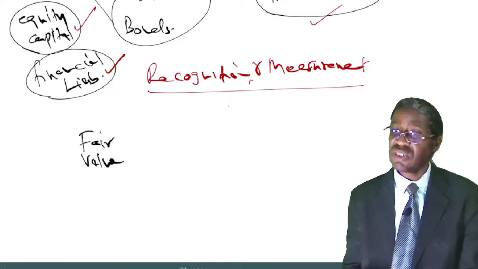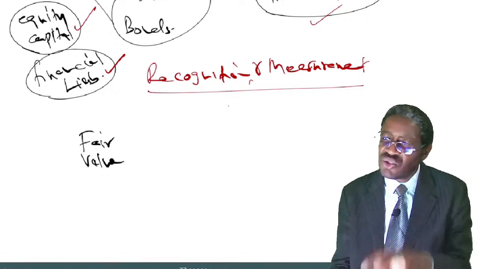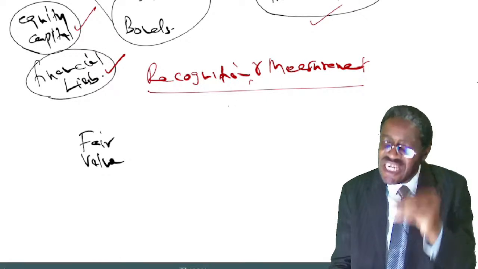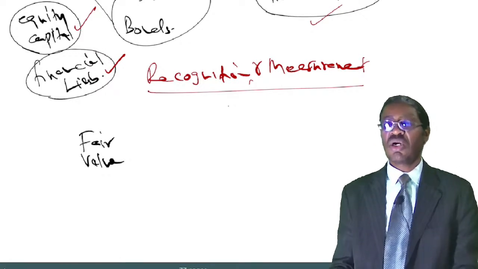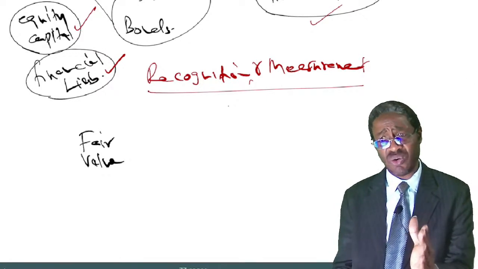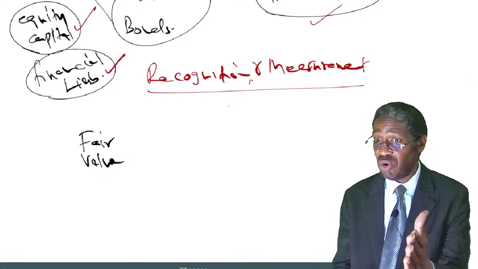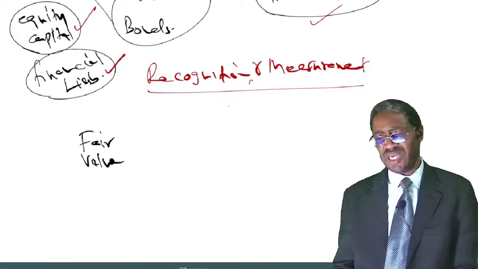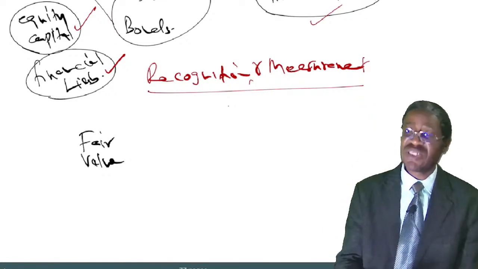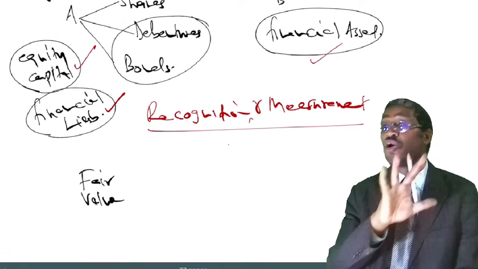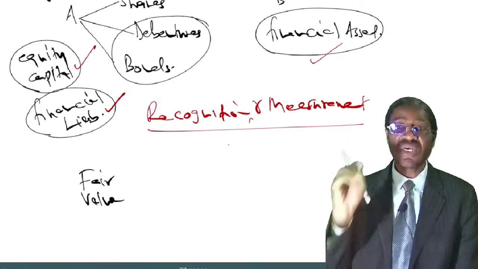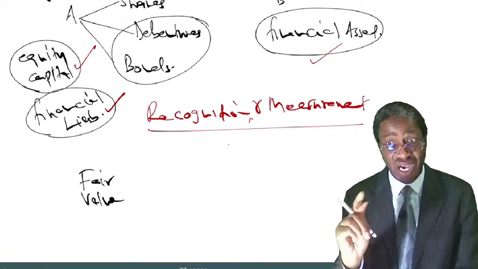That means the day you entered into that contract, on that initial recognition, both the borrower and the lender should recognize that financial asset or that financial liability at its fair value. All financial instruments should initially be recognized at their fair values.